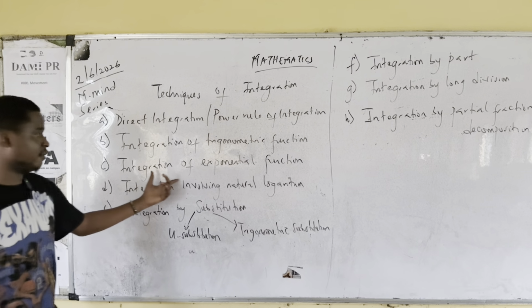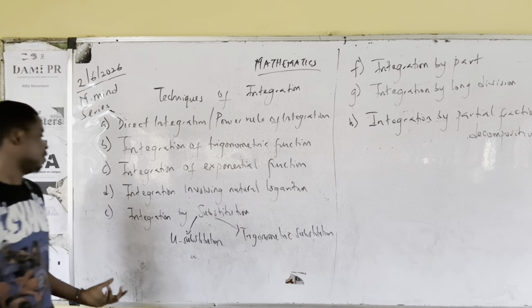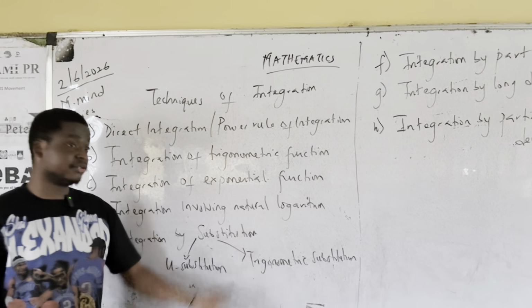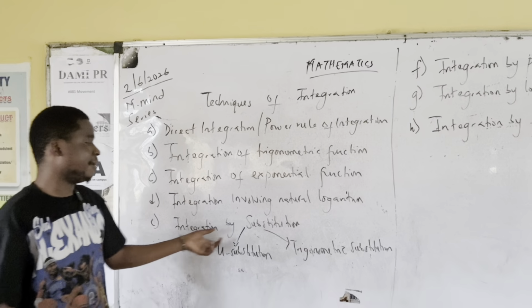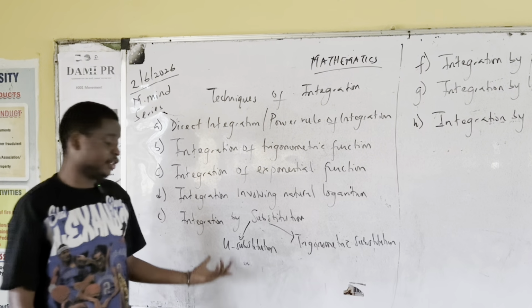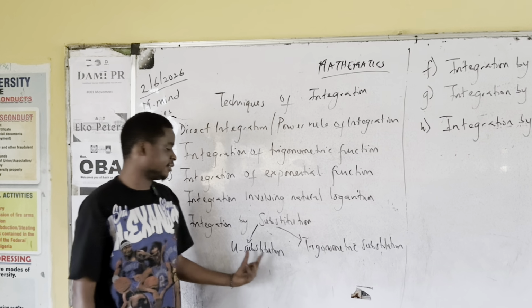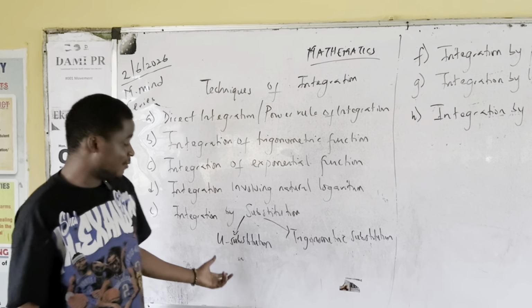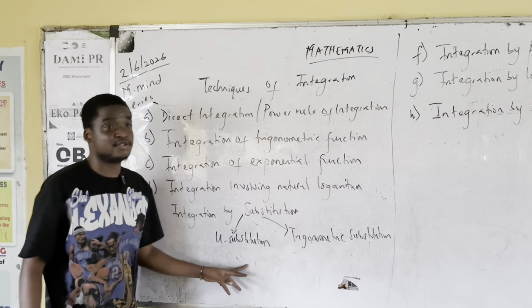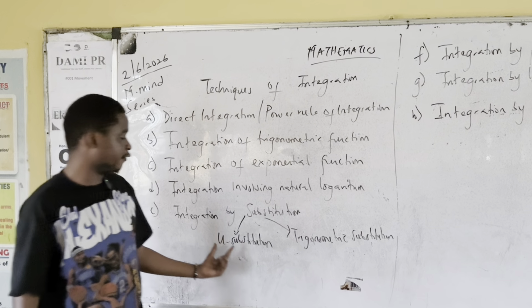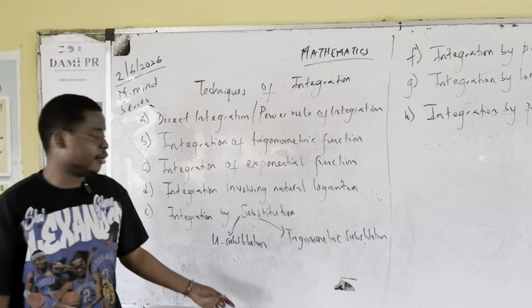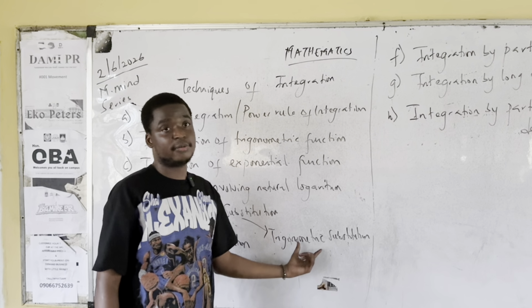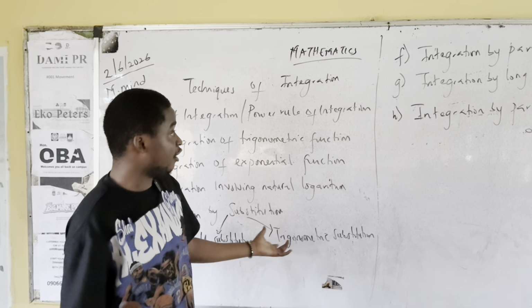We have integration of exponential functions. We have integration involving the natural logarithm. We have integration by substitution, and there are two types here. We have the U substitution method, which is similar to differentiation but is mostly for composite functions. And we have trigonometric substitution, which is for radical functions.